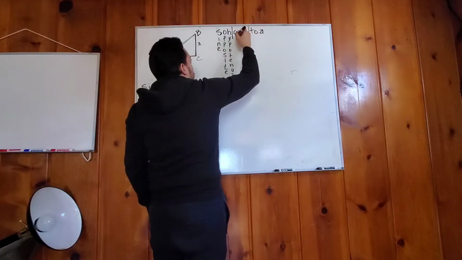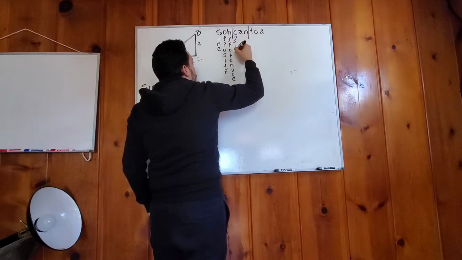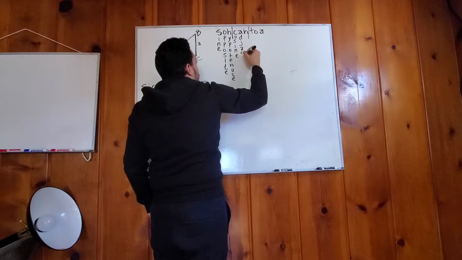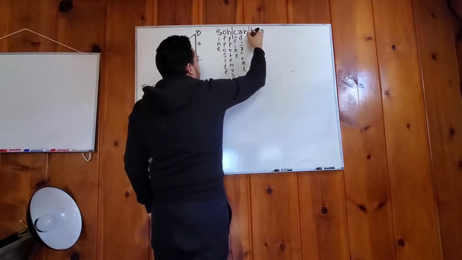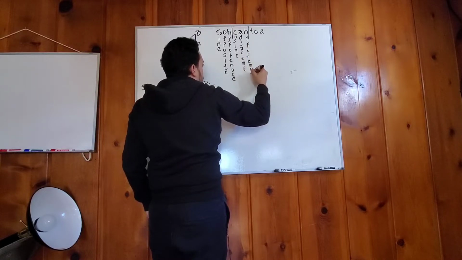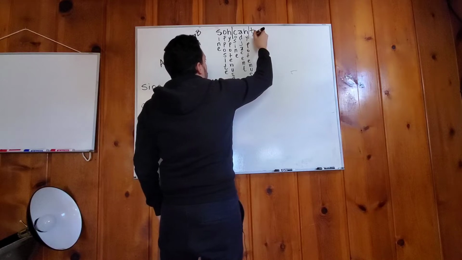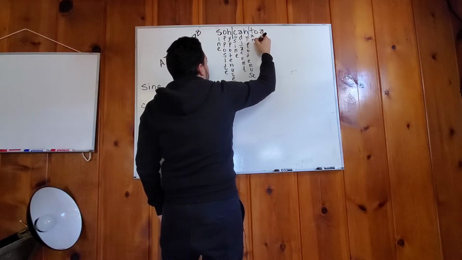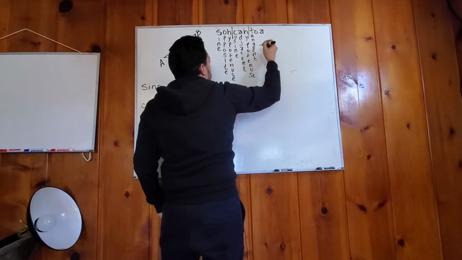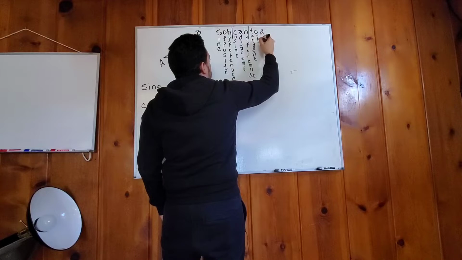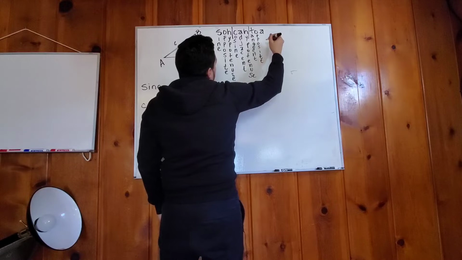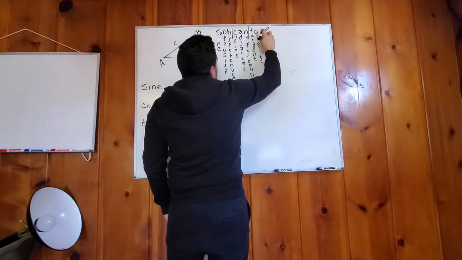What does CAH mean? CAH is cosine is adjacent over hypotenuse. And then what does TOA mean? TOA is tangent is opposite over adjacent.